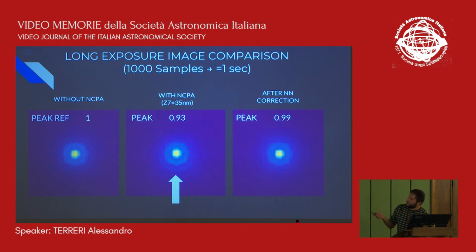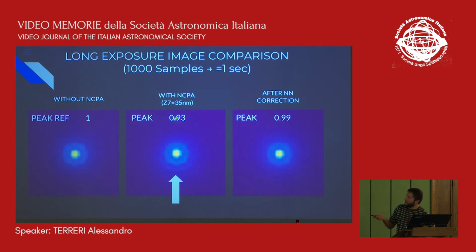In fact, we also have to work with long exposure images, and for this reason, we just add all the images in the case without NCPA as a reference, and then we injected an NCPA as before.